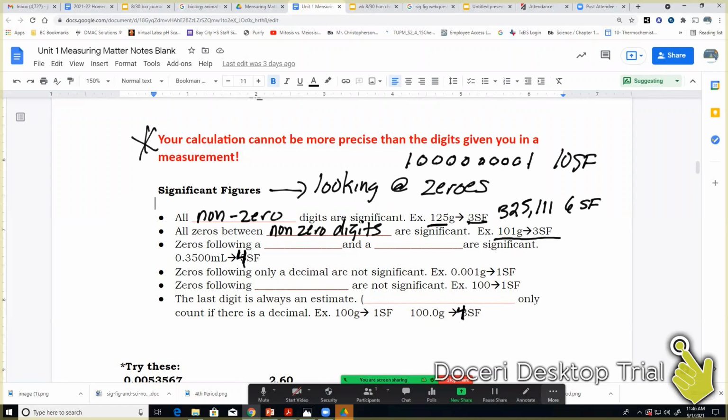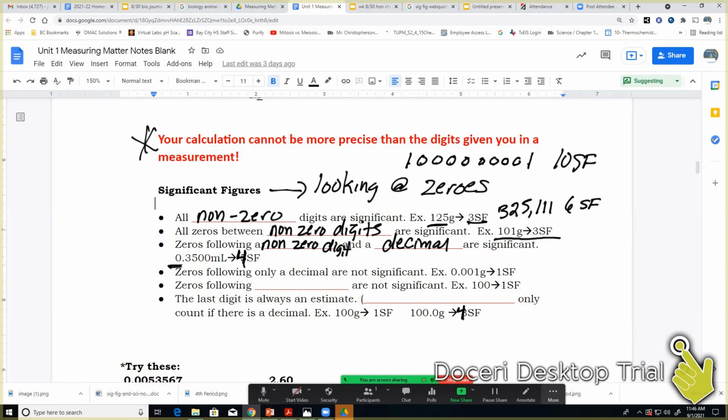Then the rules get a little bit harder. Zeros following a non-zero digit and a decimal are significant. So if I look at this number, I have 3 zeros I have to worry about. These 2 zeros, I'm going to talk about those first.